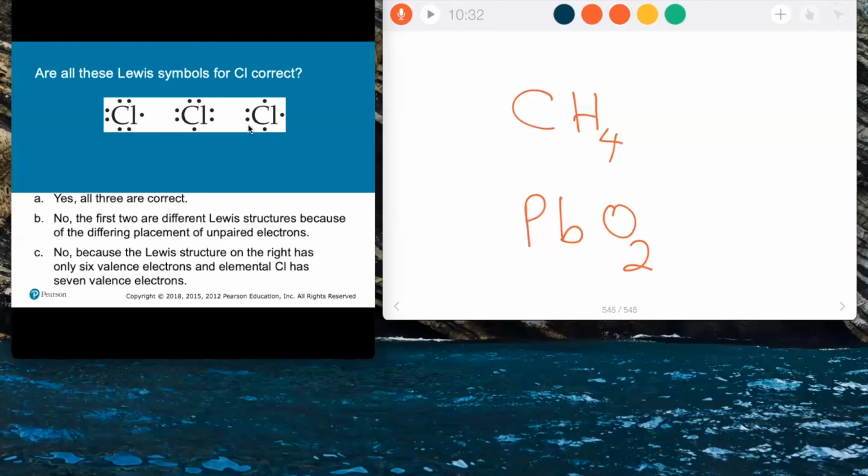I do have 7. The last one does not have 7 dots around it: 1, 2, 3, 4, 5. This one has 5, and the last one is wrong. This is correct. The only difference is the position of the unpaired electron. We have to be familiar with some of the terms.